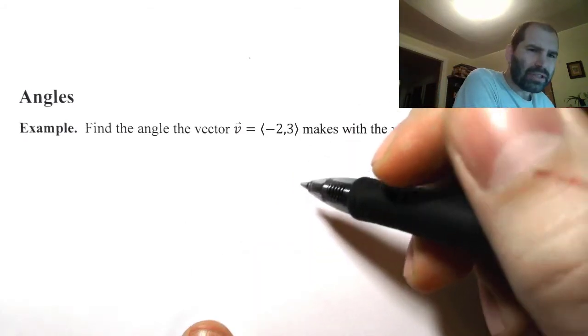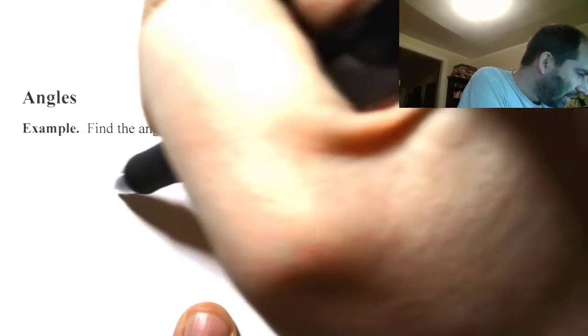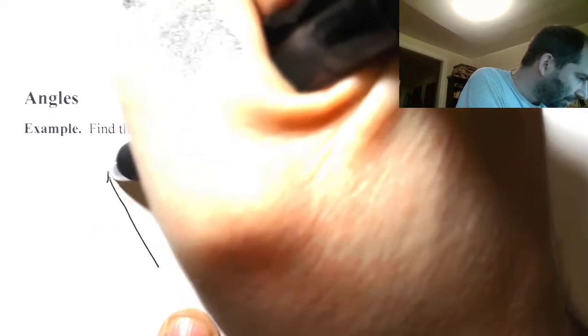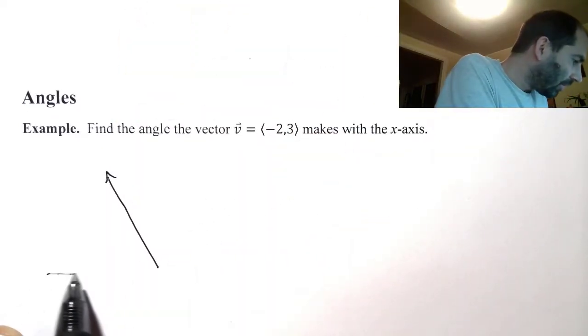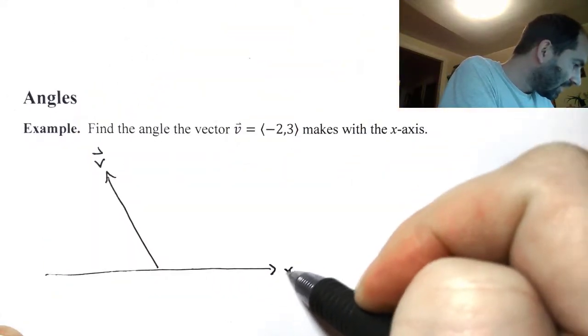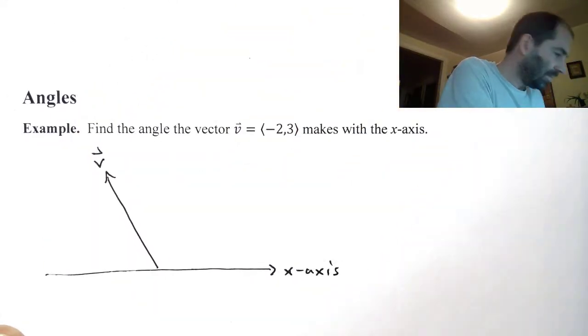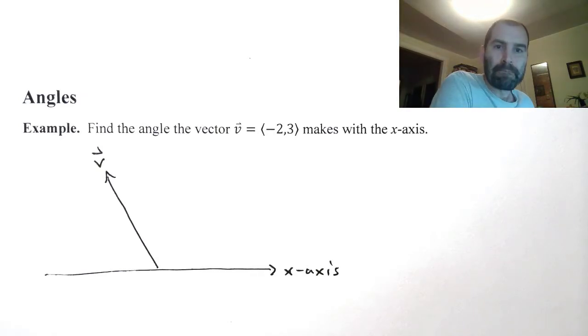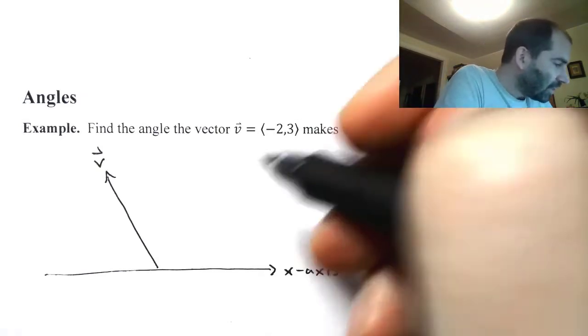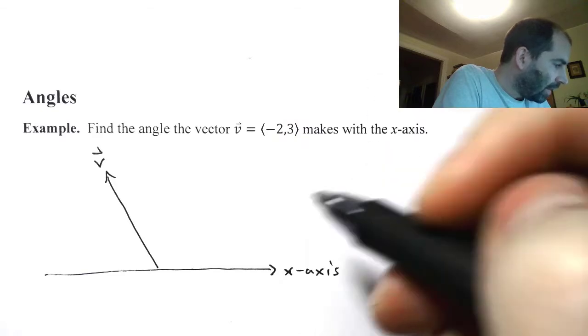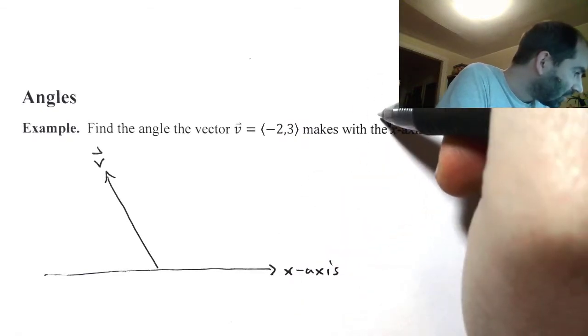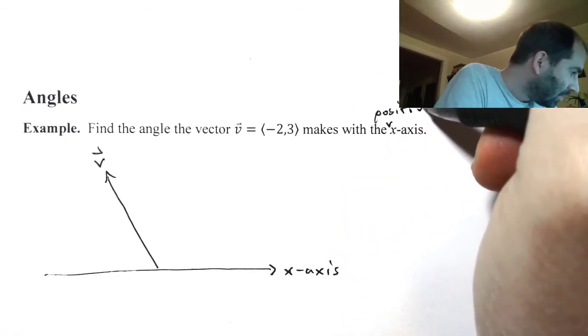So let's just draw a picture of what's going on here, just to make sure that we're not thinking about things the wrong way. All right, so here's our vector v. Here's the x-axis. Now I want to measure my angle from the positive x-axis, and maybe I should have written that up here.